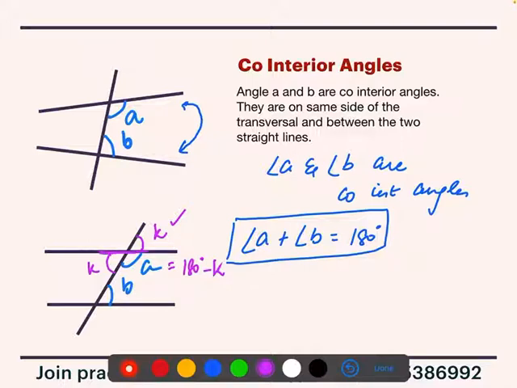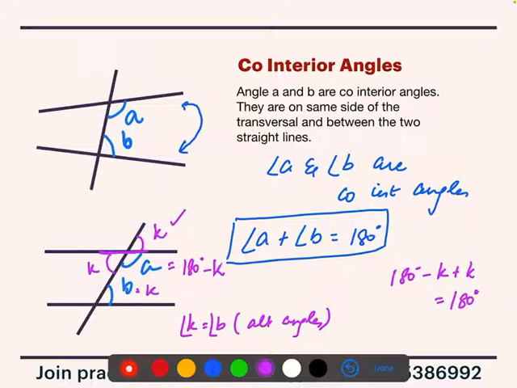We also know that angle K is equal to angle B because they are alternate angles. So I can write B is equal to K over here. Now if I sum 180 degrees minus K plus K, what am I getting? I'm getting 180 degrees. Hence, co-interior angles sum up to 180 degrees.